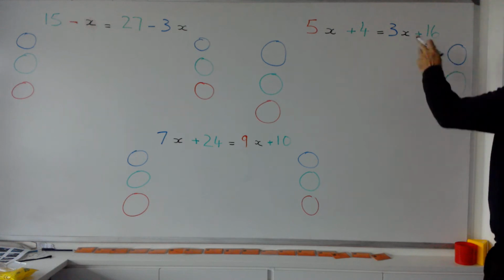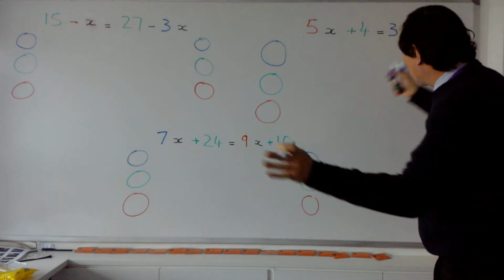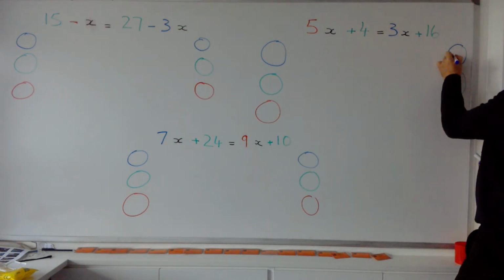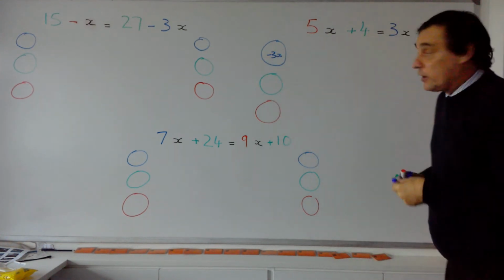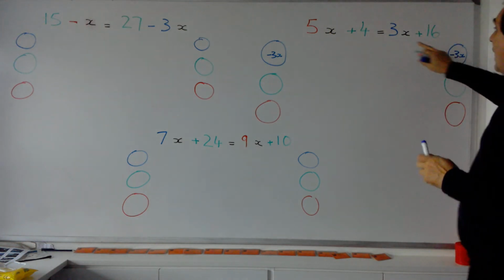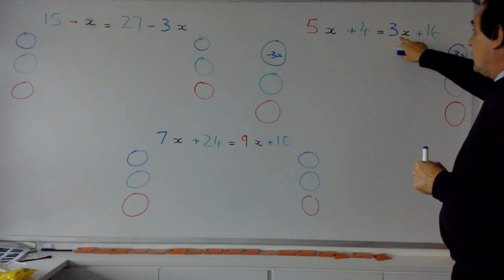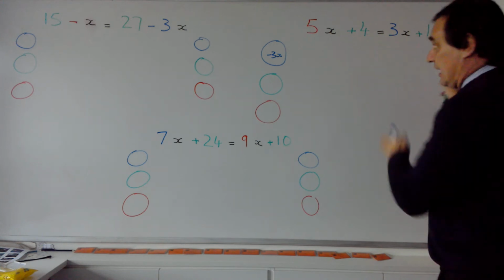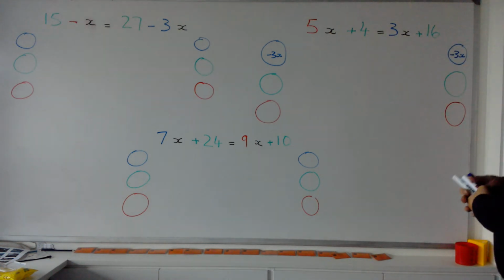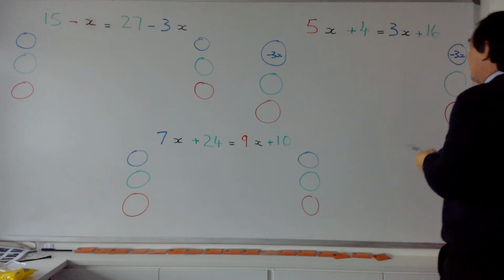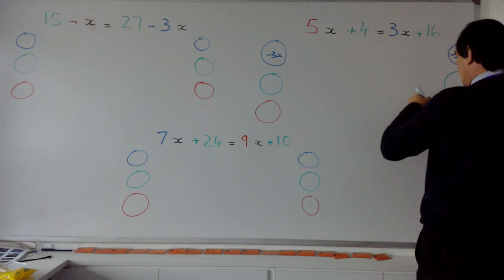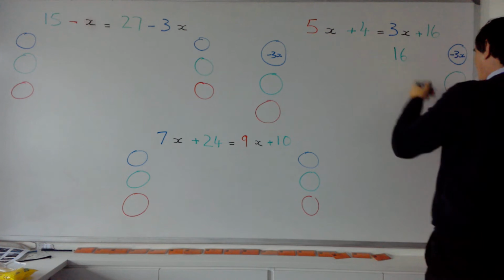To get rid of that 3x, we're going to do the first of our 3 stages, our blue stage. We take away 3x from both sides. That eliminates the 3x on that side, leaving us with 16, with the equal sign in the middle.